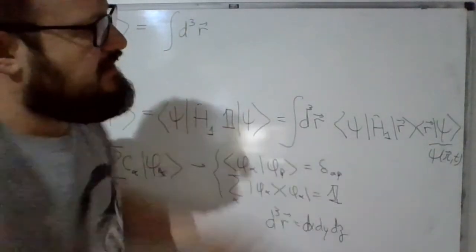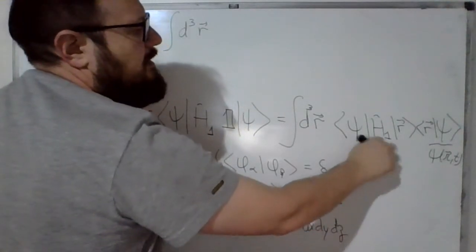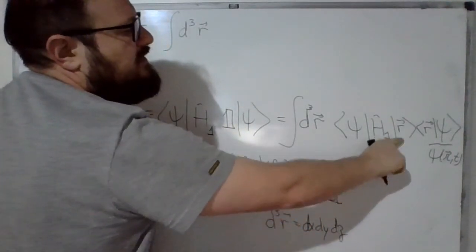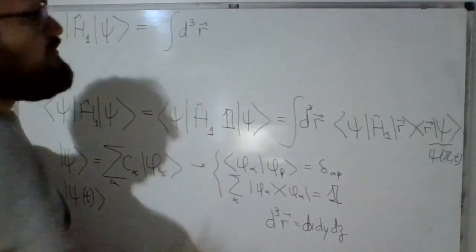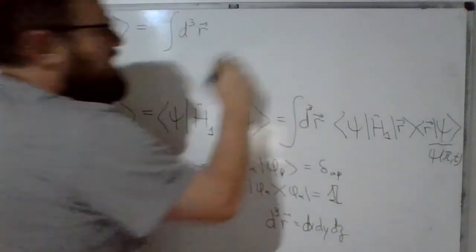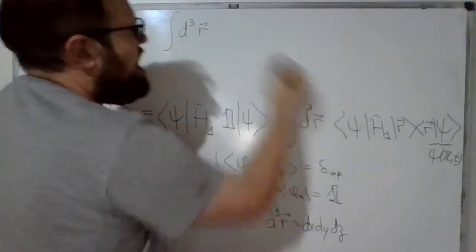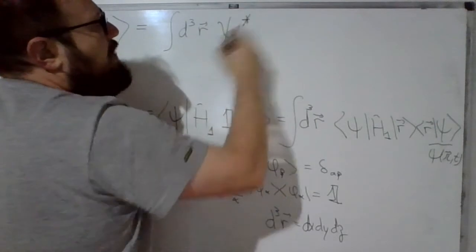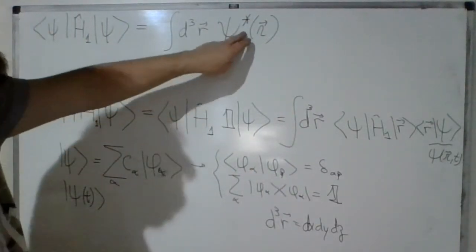In this case, I can represent this operator in the basis of position, and we would have something like this: psi complex conjugated, or transposed conjugated if it is a spinor.